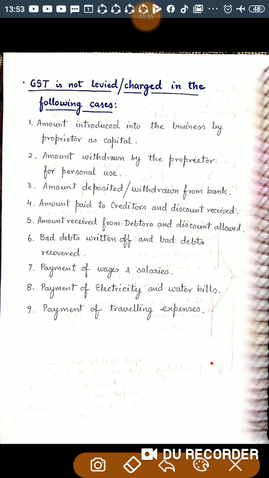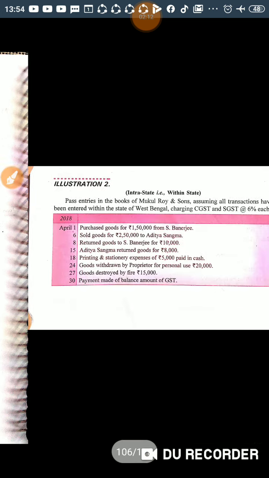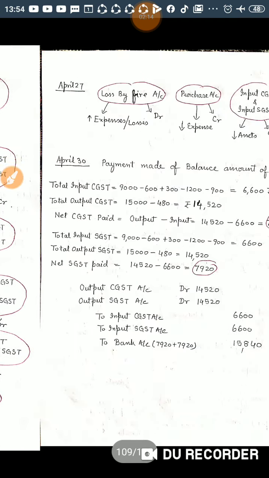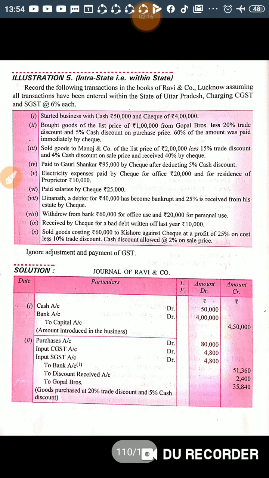Capital, decreases, debit; increases, credit. Expenses, increases, debit; decreases, credit. Revenue, decreases, debit; increases, credit.